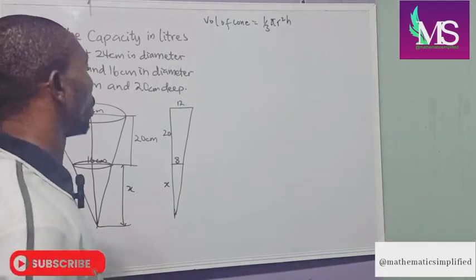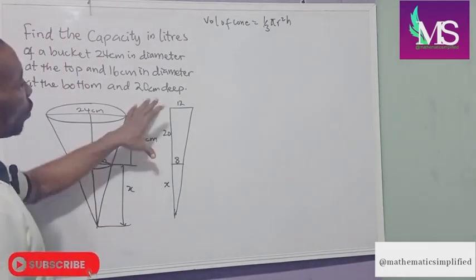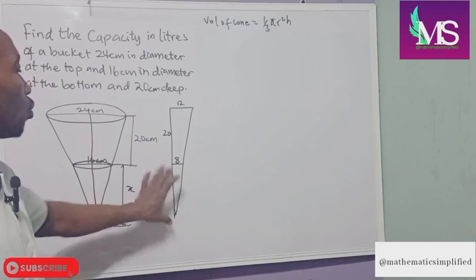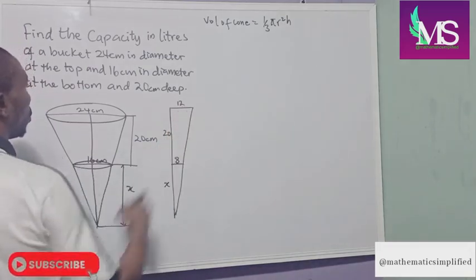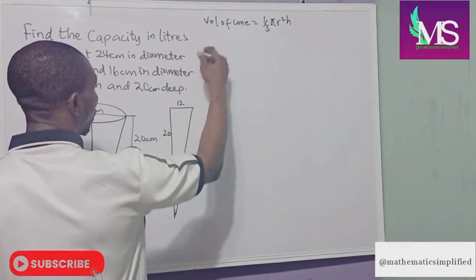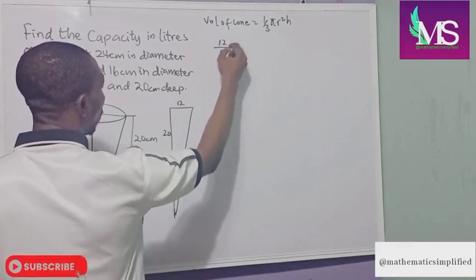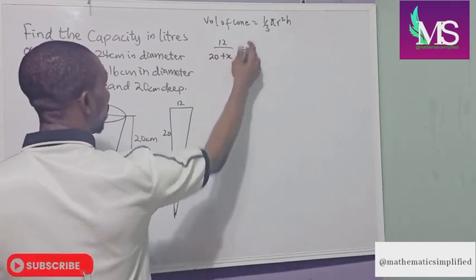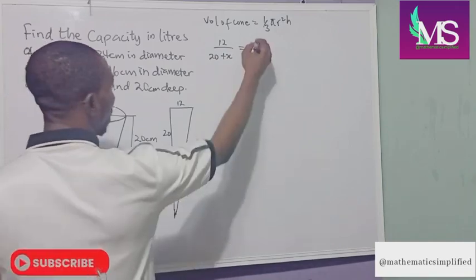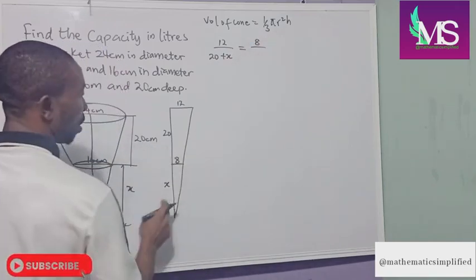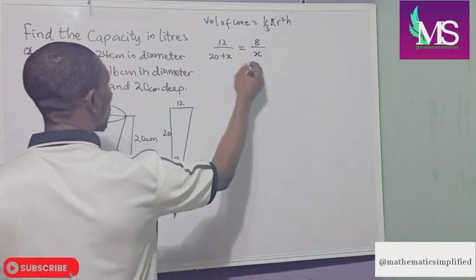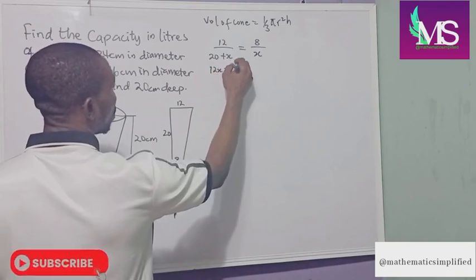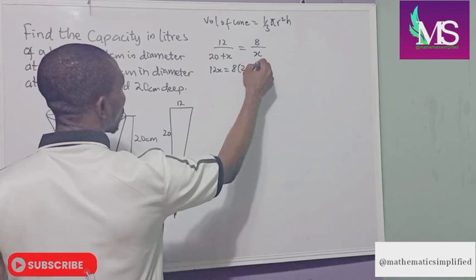In order to find the value of x, we will take the ratio of our big triangle equal to the ratio of our small triangle. So our big triangle will be r, which is 12, all over the height 20 plus x, equals our small radius 8 all over x. Cross multiply, this gives us 12x equals 8 times (20 plus x).